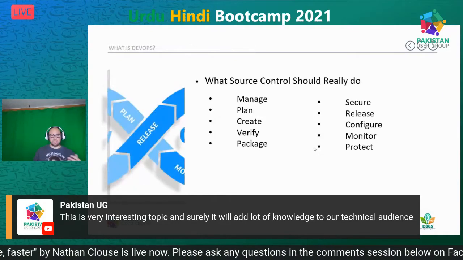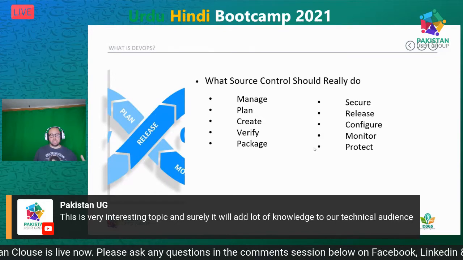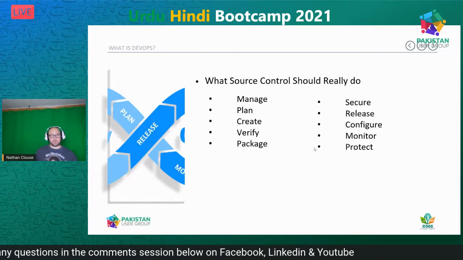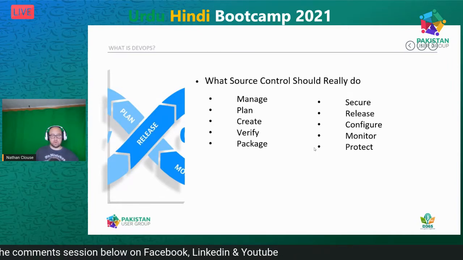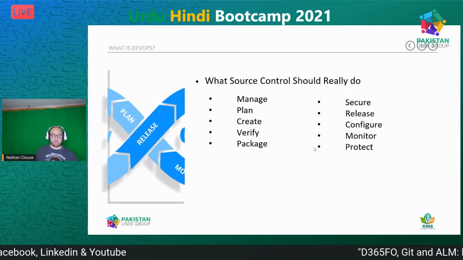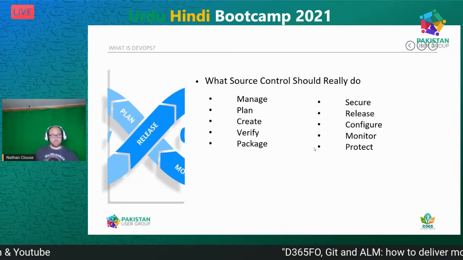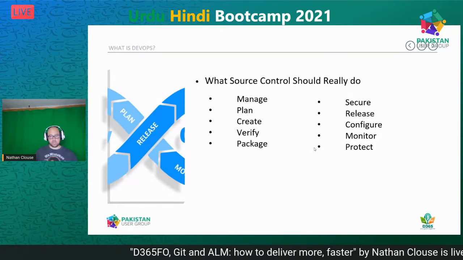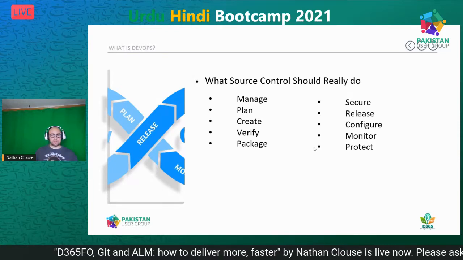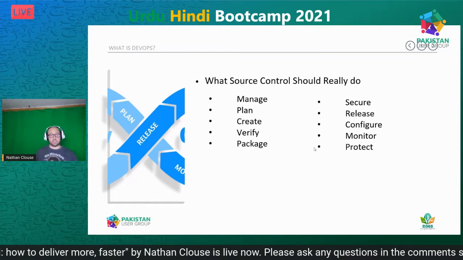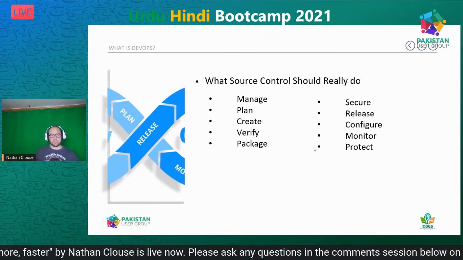So we sort of have to make this transition from just code management to what source control really can do for us in F&O, and that's manage, plan, create, verify, package, secure, release, configure, monitor, and protect our application. So current state, we cannot do all of those inside Azure DevOps. Some of that is handled by LCS. There are APIs available inside LCS to do some of that stuff for us, but we're still interacting with LCS.